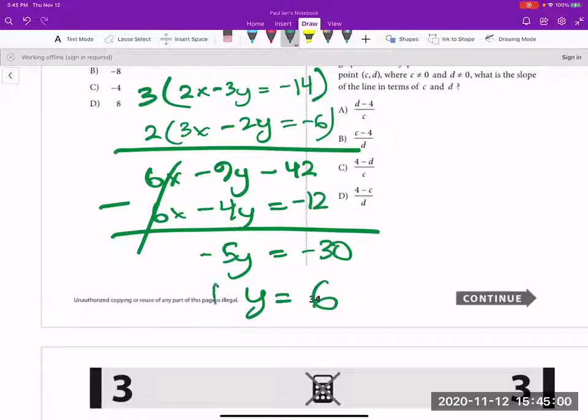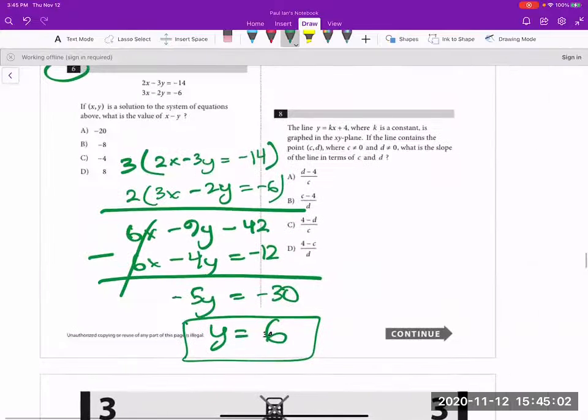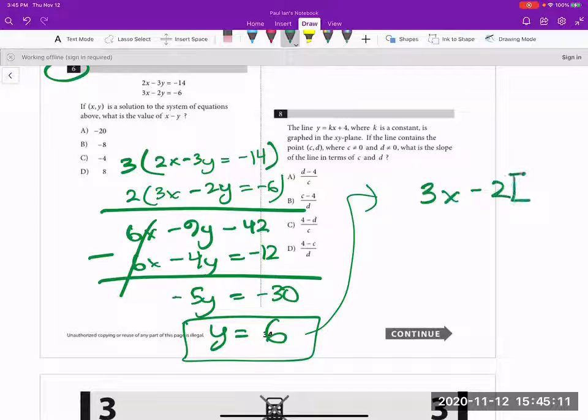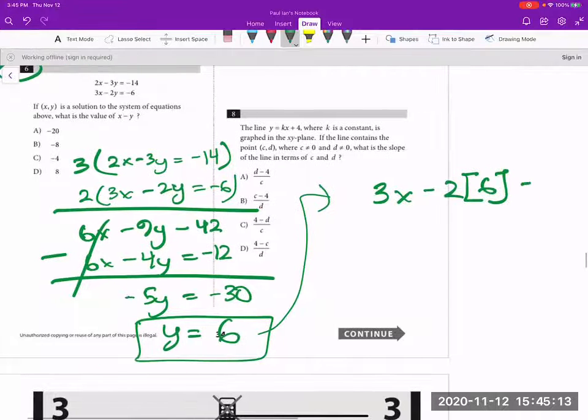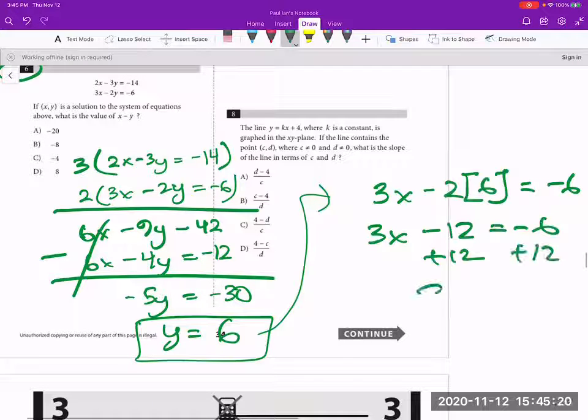Yeah. And then plug into whichever equation is easier to solve. Let's see. Let's just do one of them. 3x minus 2 times 6 equals minus 6. 3x minus 12 equals minus 6. Plus 12, plus 12, 3x equals 6.